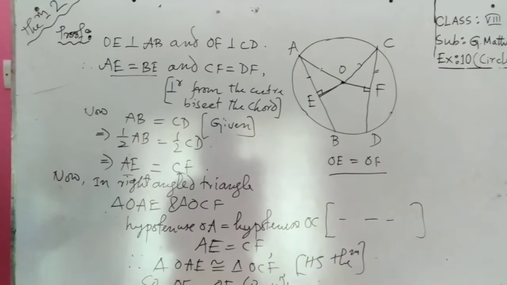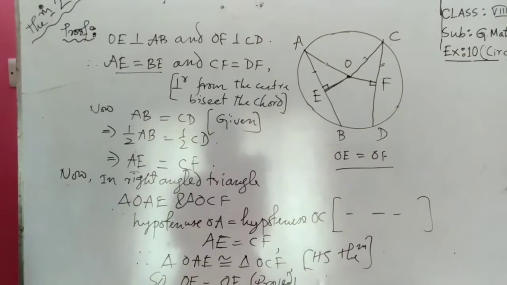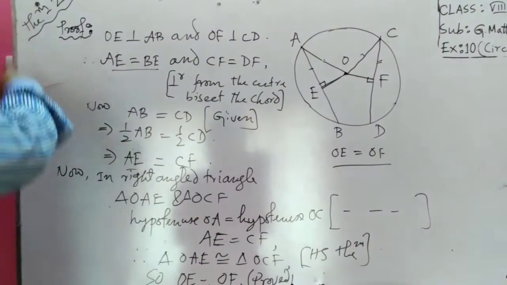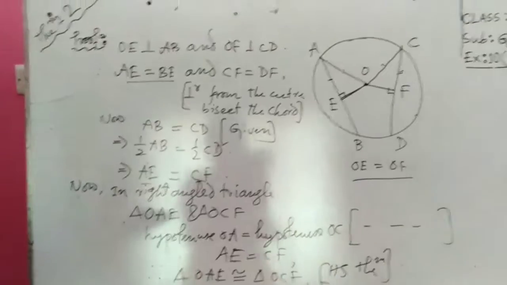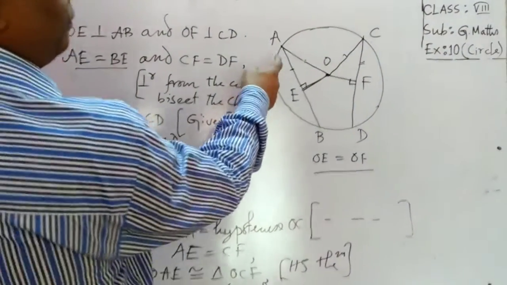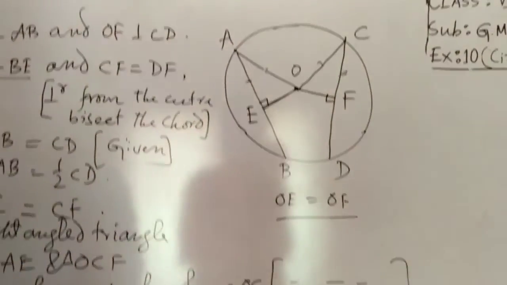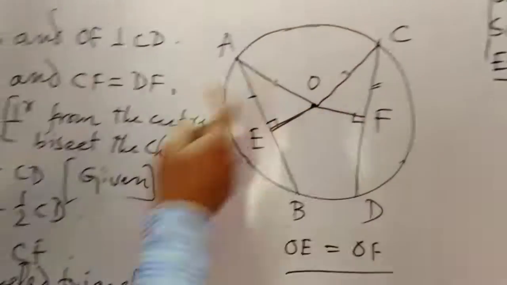Now theorem 3. Theorem 3 is the inverse of theorem 2. এটার opposite. Opposite কেমন? আগেরটা ছিল AB and CD are equal. You have to prove that OE equals OF.